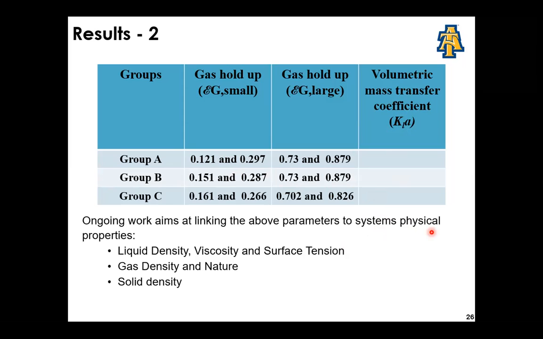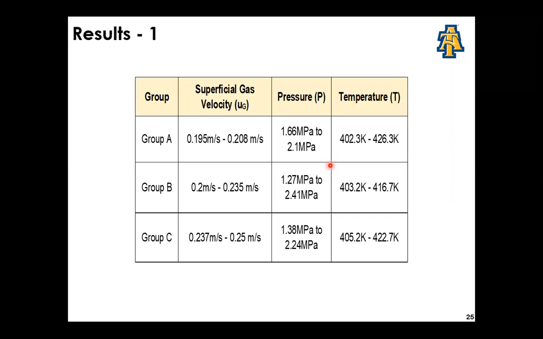I was thinking, because I found a correlation of volumetric mass transfer coefficient, I think it's experimental data, and they gave different values. So if I could get the diameter, can I represent this flow regime map in terms of the diameter of the column and the superficial gas velocity? Yeah, you could do that. If you can do that, that would be good.